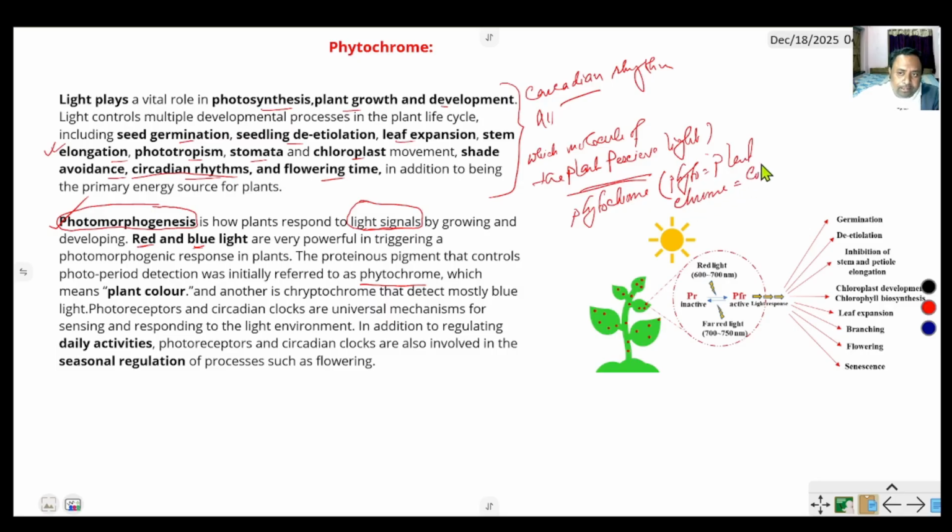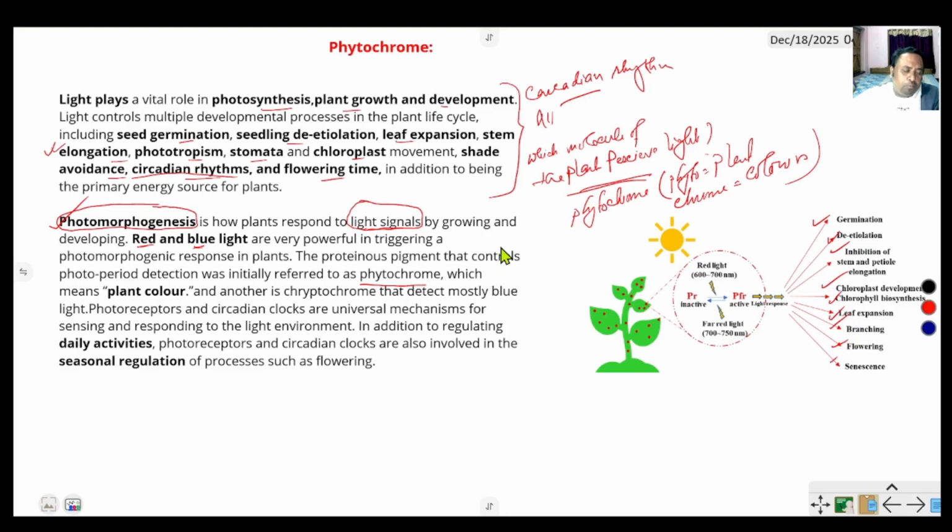Plant color. So phytochrome is a bluish pigment that receives light and helps in different physiological processes like germination, deetiolation, inhibition of stem and petiole elongation, chloroplast development, chlorophyll biosynthesis, leaf expansion, branching, flowering and senescence.